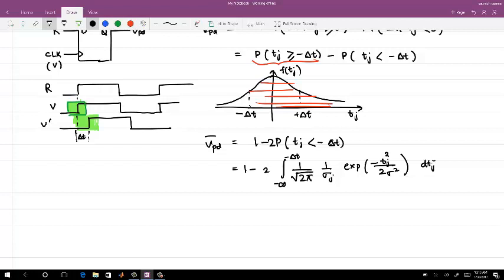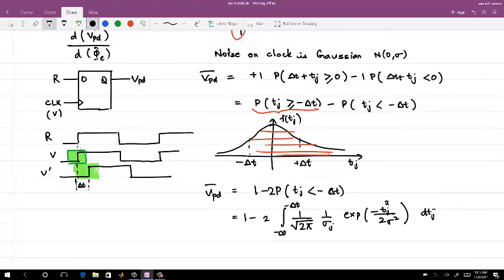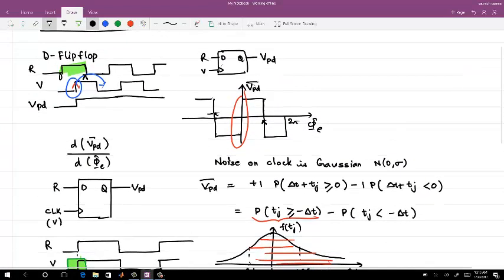If you plot this as an average value, you can work out this expression, and you will get something like this.